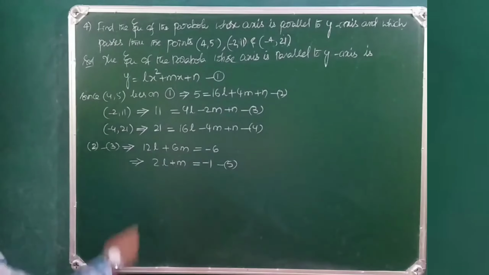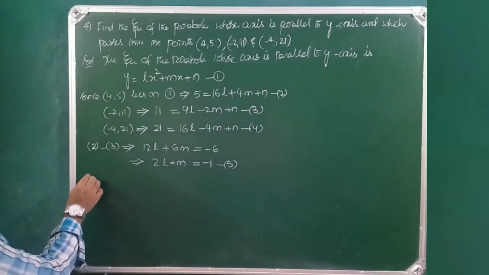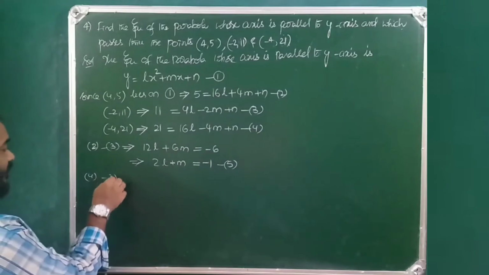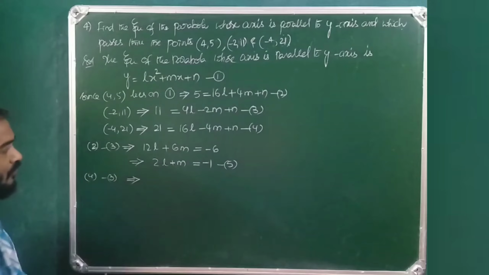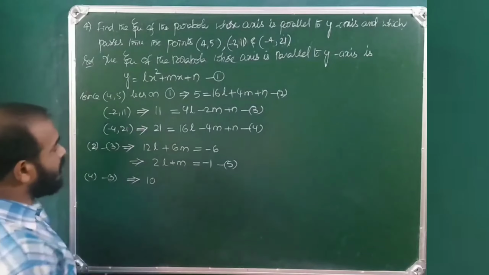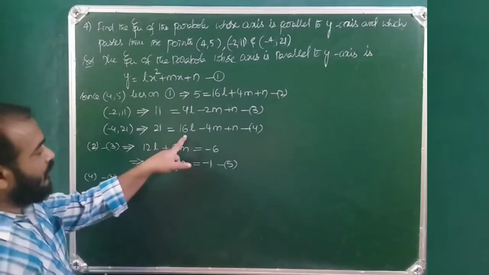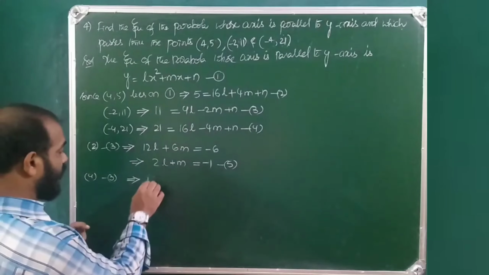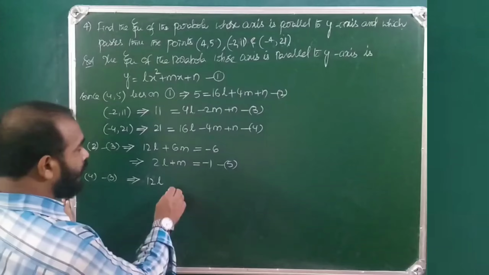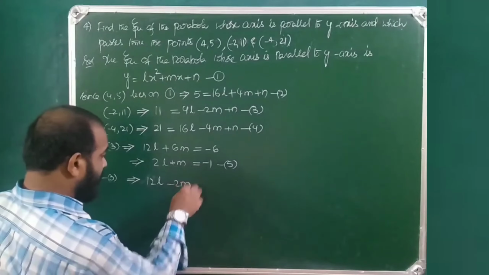Likewise, for the fourth equation minus third equation gives rise to 21 minus 11, 10. So first of all, 16L minus 4L is 12L. Minus 4M plus 2M, minus 2M.